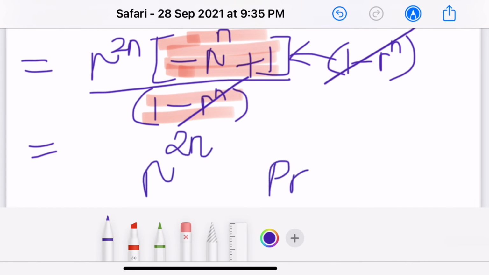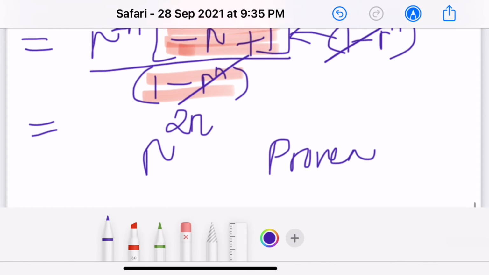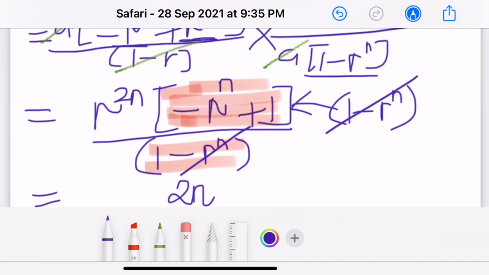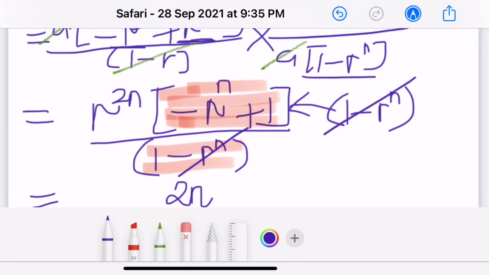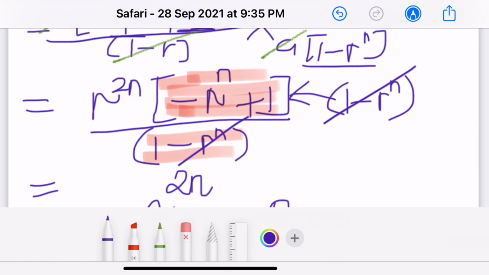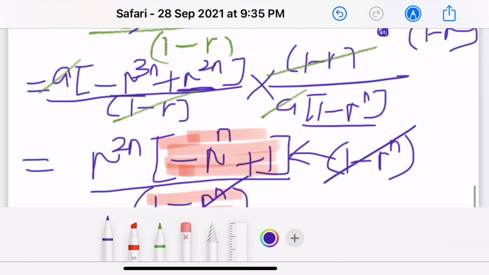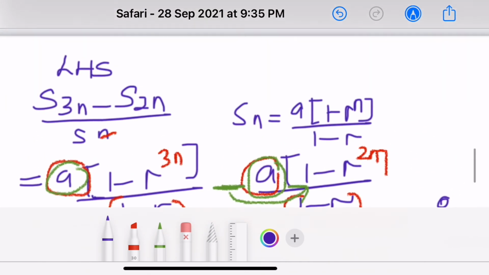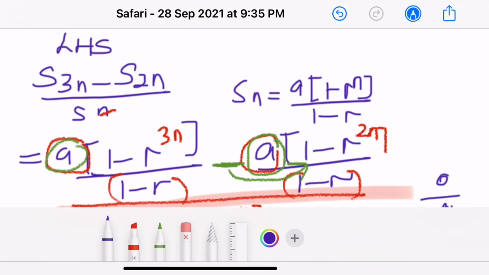So we say proven, because we get the answer same as the right hand side by showing all the steps clearly, so that people can understand what you are doing. Just use a formula and choose the right formula to use.